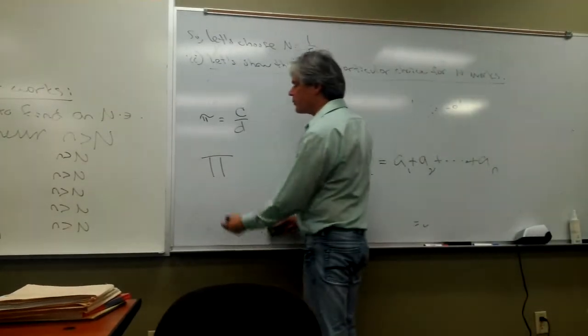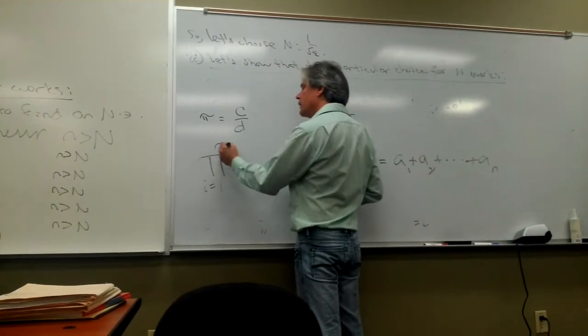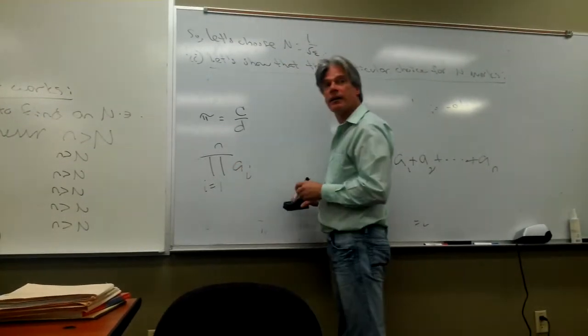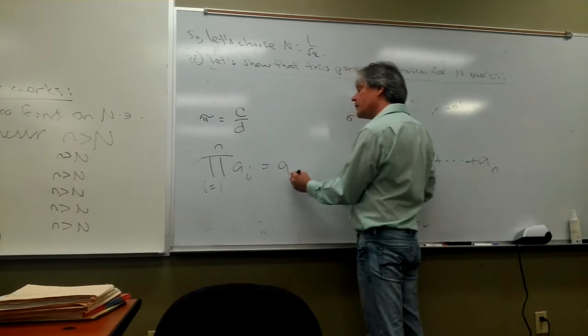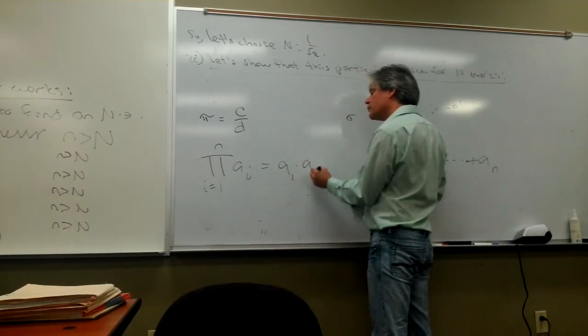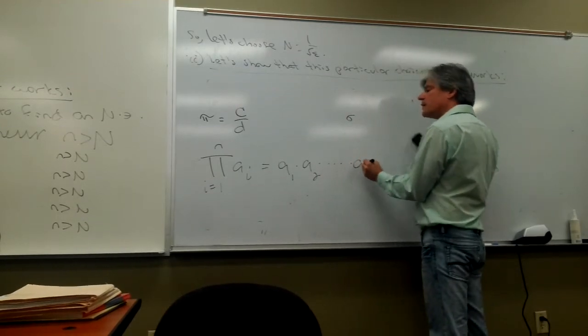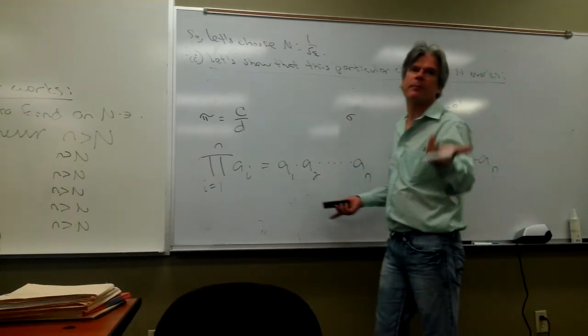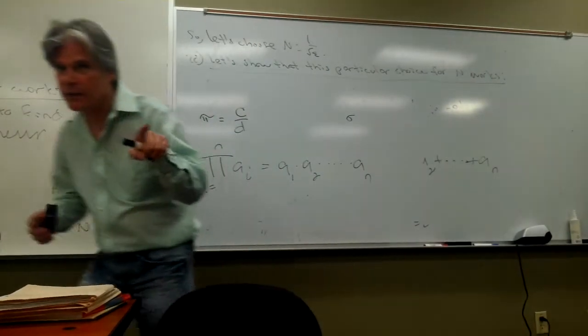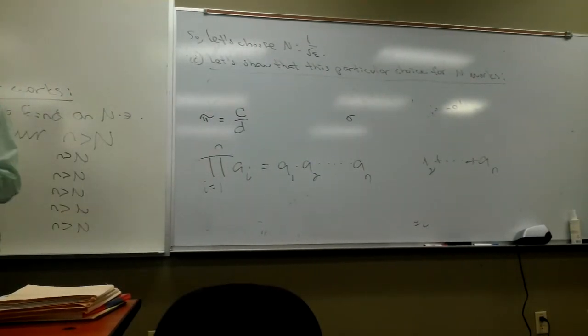Likewise, if I have the product as i ranges from 1 to n of the a sub i's, it's just a sub 1 times a sub 2 times dot dot dot times a sub n. It's just a convenient way to represent a big product. That's why we choose the letter pi or p in the Greek alphabet.